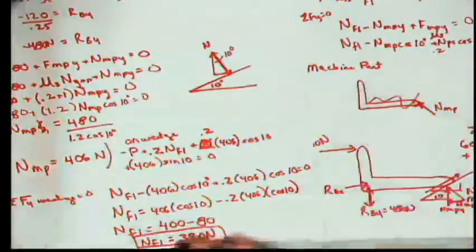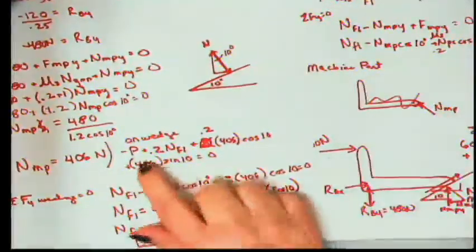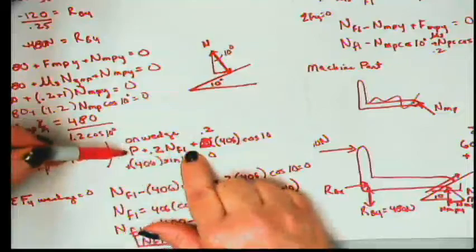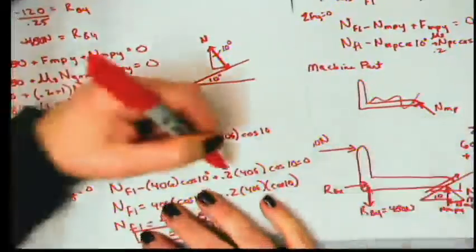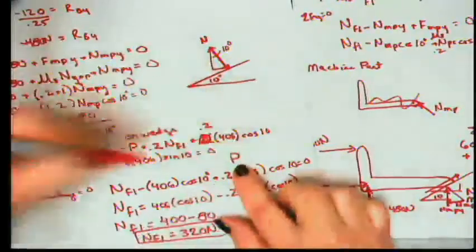So if we go back to here, we have this value, so we can solve this for P. So I'm going to bring P over to the right side of the equation because it's a negative on the left, so I'm just going to solve this.